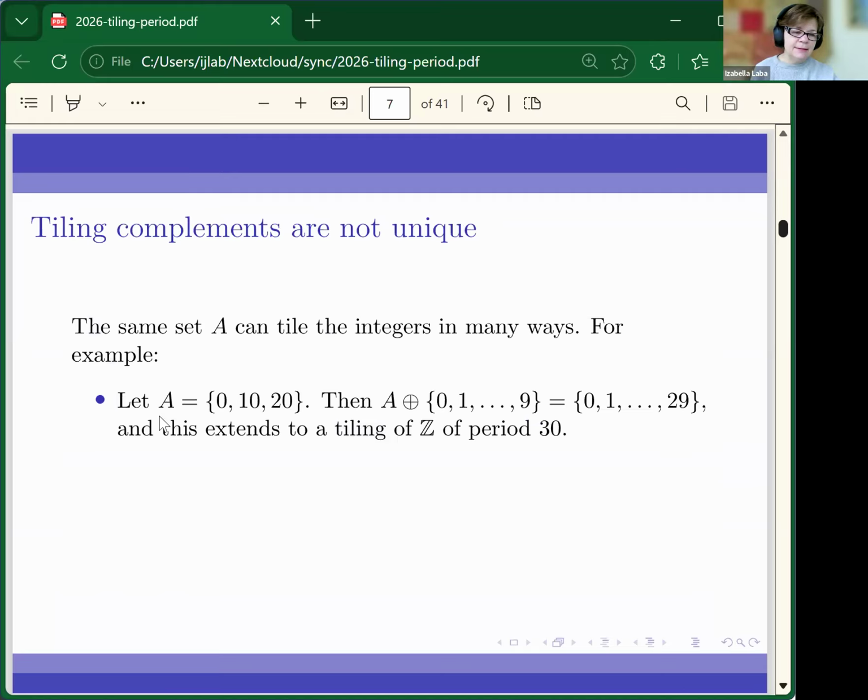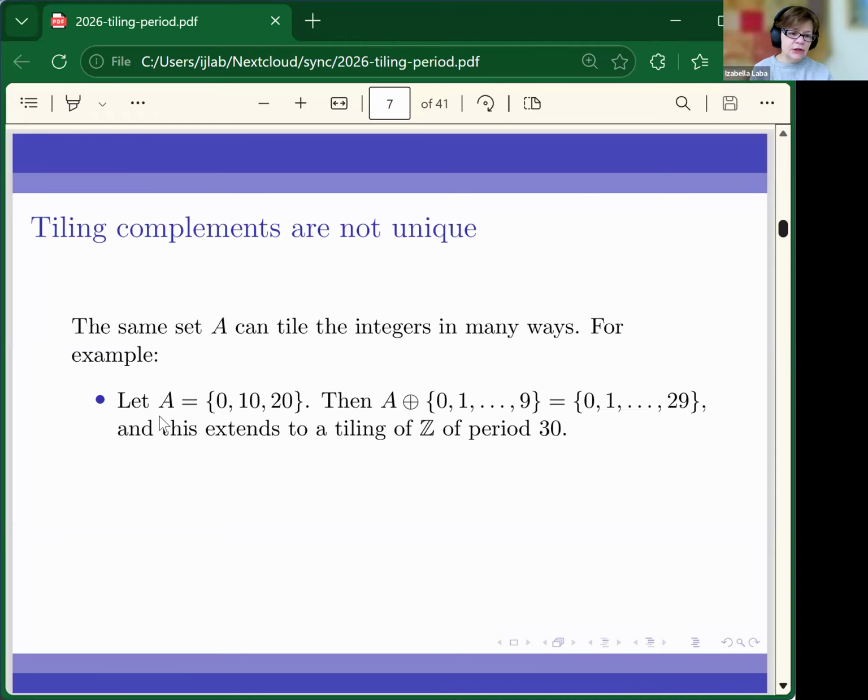Something that I mentioned briefly is that tiling complements are not unique, so that the same set can tile the integers in many ways. For instance, if I take the set {0, 10, 20}, then I can do the interval filling sort of thing. I can place another copy of it at 1, so then I get 1, 11, 21. Then 2, 12, 22, and continue the pattern, and that fills an interval of length 30, and then that gets me a tiling of period 30.